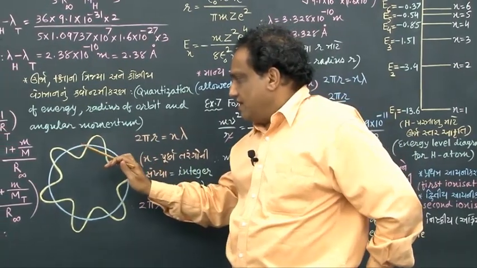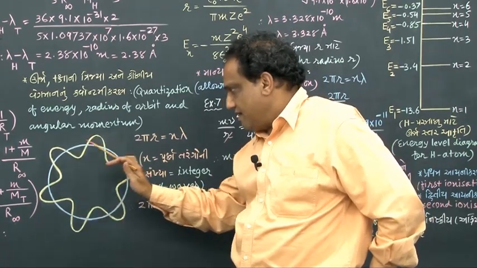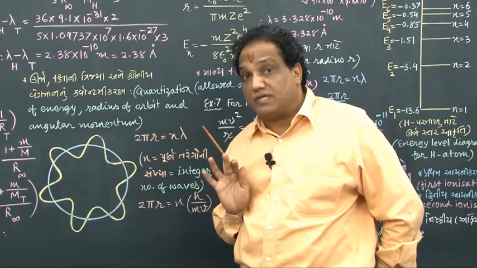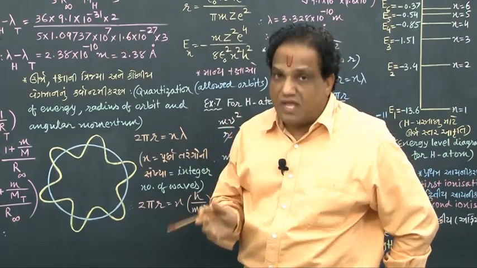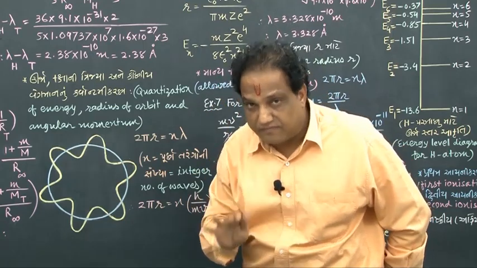Suppose electron is orbiting in this circular orbit, okay, and at that time, according to de Broglie, it behaves like a wave having wavelength lambda equals h upon mv. Fine.